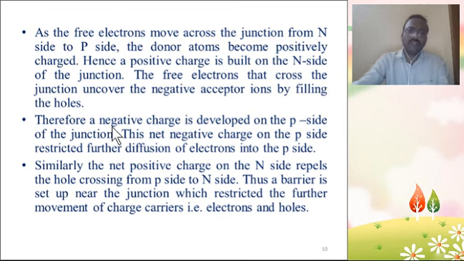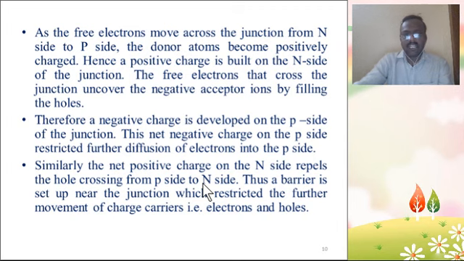Therefore, a net negative charge is developed on the P side of the junction. This net negative charge on the P side restricts the further diffusion of electrons into the P side. Similarly, the net positive charge on the N side repels holes crossing from the P side to the N side.